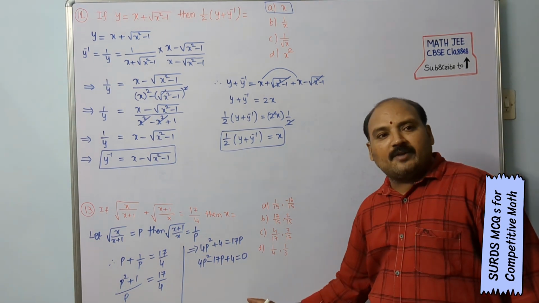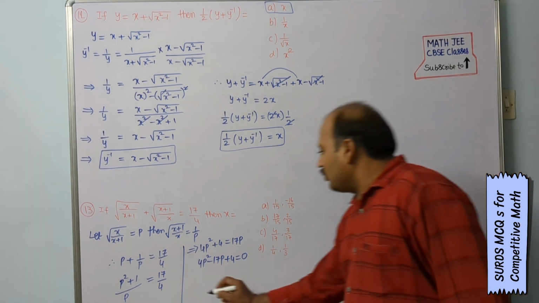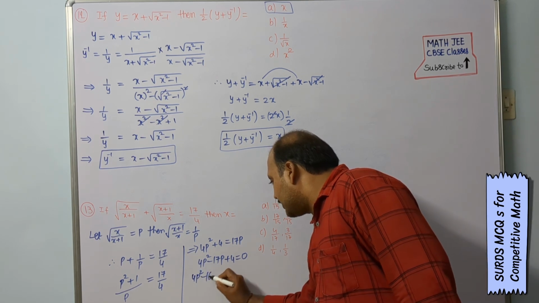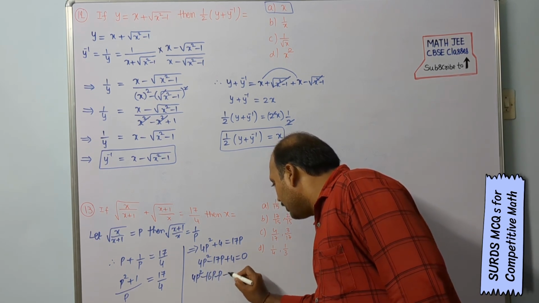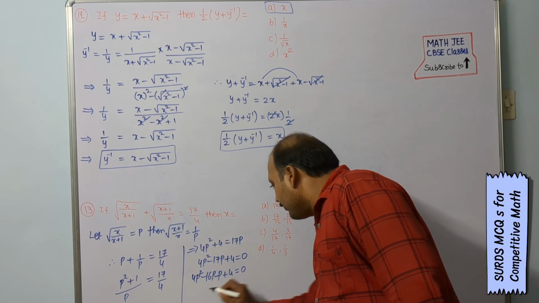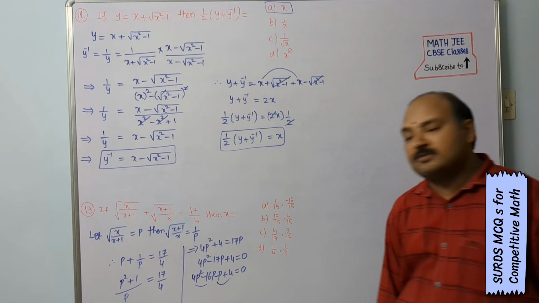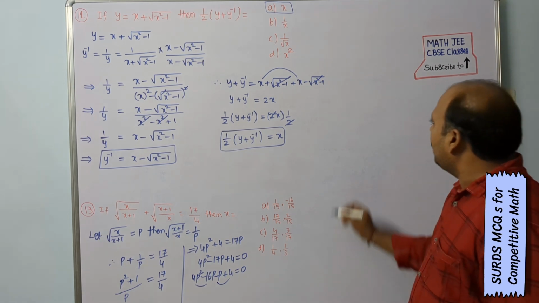Here we are doing the factorization. So 4p square minus 16p minus p plus 4 equal to 0. From first two terms 4p take common. From next two terms minus 1 take common. See how we are going to do that.